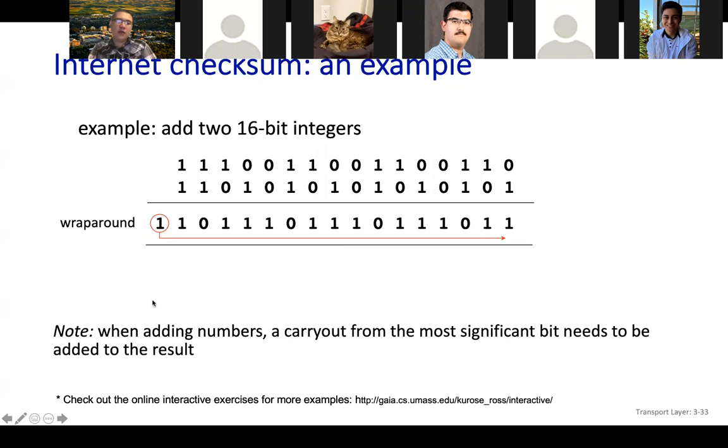But note here, when adding numbers, the carry out from the most significant bit needs to be added to the result. For example, if you have a carry out from the most significant bit, because these are 16-bit integers, we don't have any other bit here. So we put this bit at the end, and adding 1 to 1, 1 becomes 1, 0, 0.